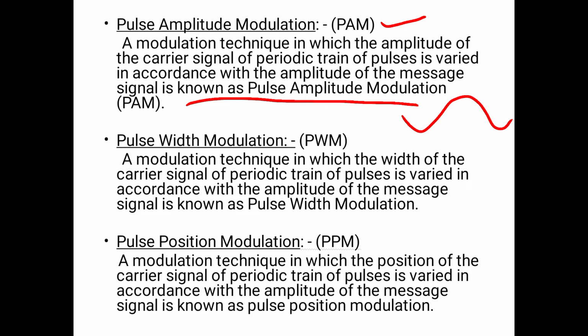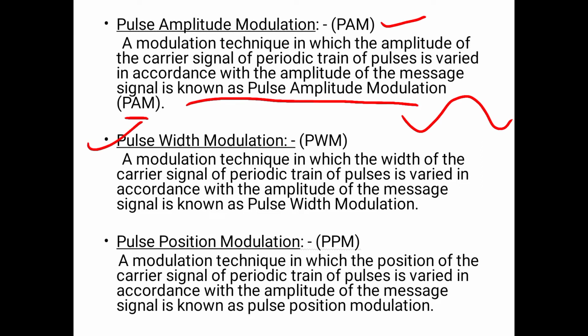If the carrier signal amplitude varies according to the amplitude of the message signal, then this type of modulation is known as pulse amplitude modulation. The amplitude of each pulse varies according to the amplitude of the message signal. Shortly we call this PAM.